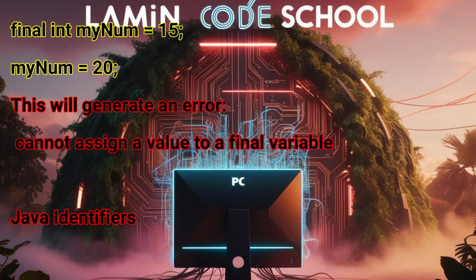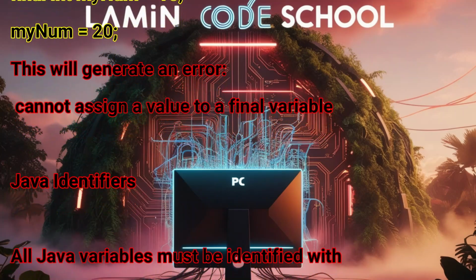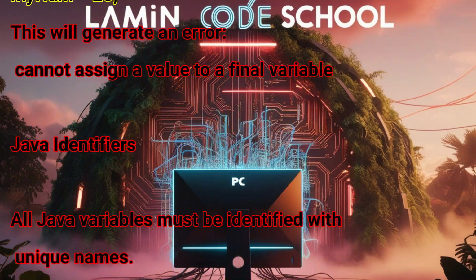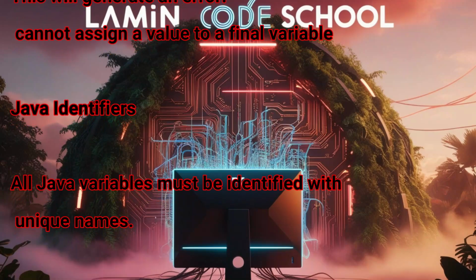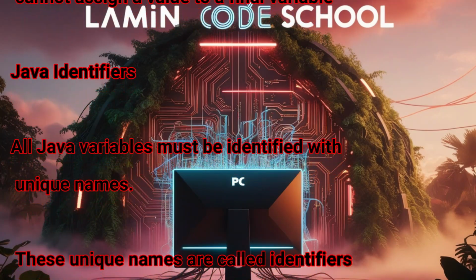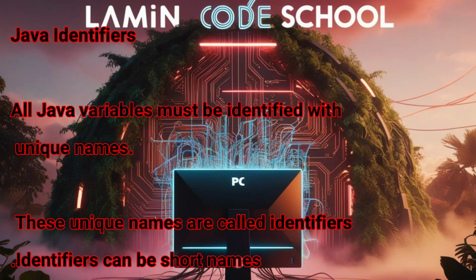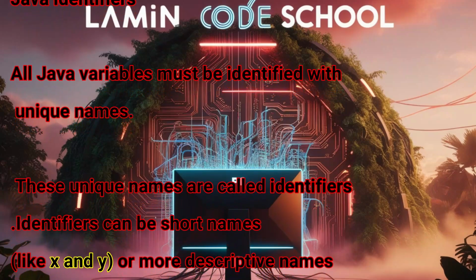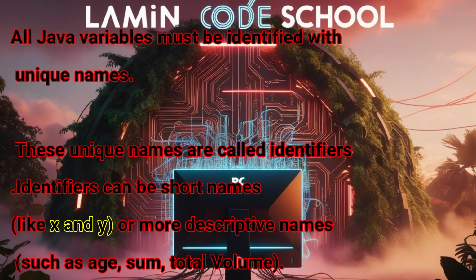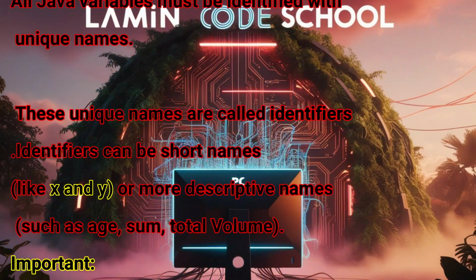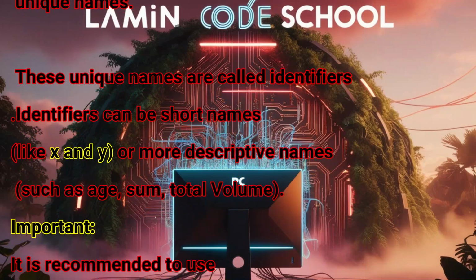Java identifiers. All Java variables must be identified with unique names. These unique names are called identifiers. Identifiers can be short names like x and y, or more descriptive names such as age, sum, totalVolume.